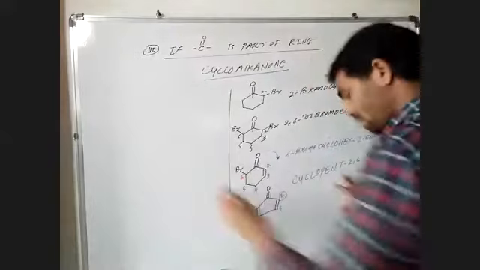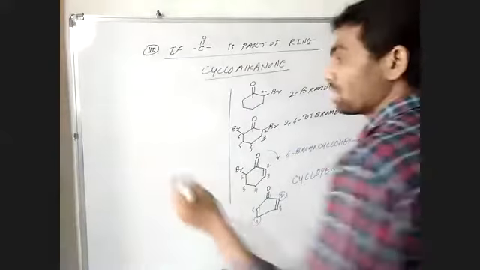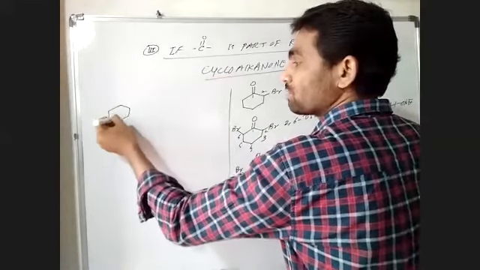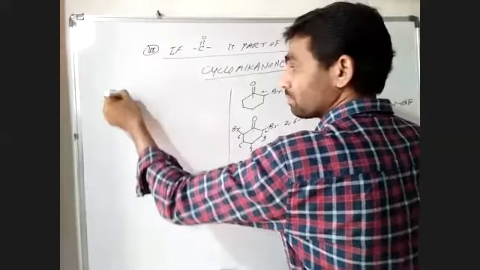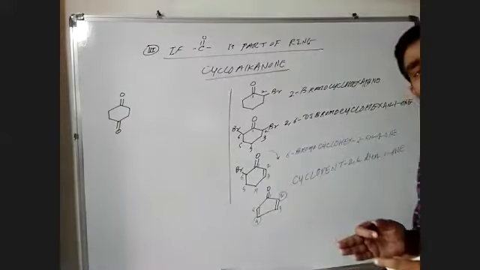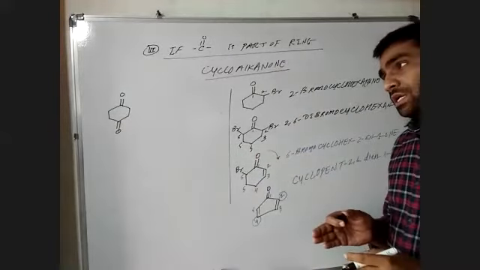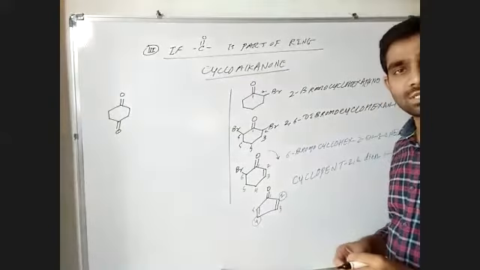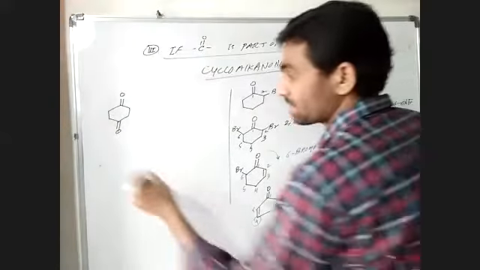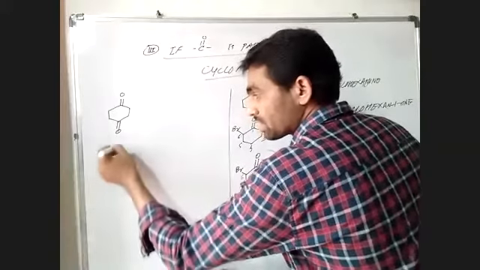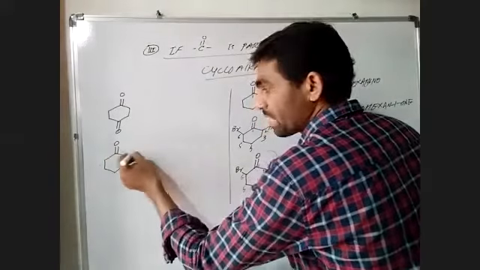Now, let us have another example. What will happen and what do you say for this one? If we have two carbonyls, what is the name for this? Let us have related structures so it will be easy to understand.